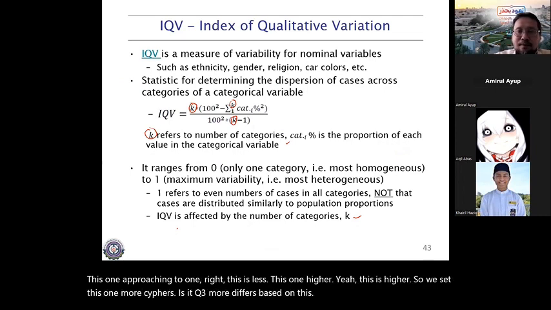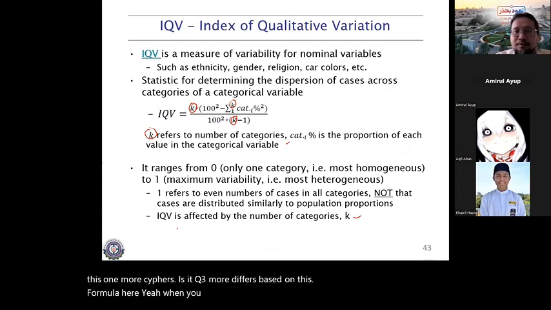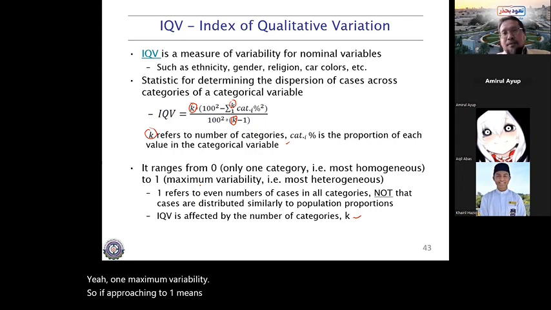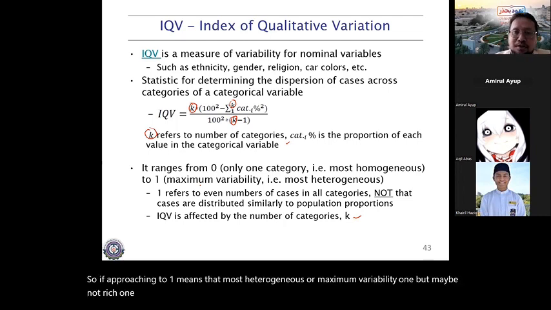When you say it ranges from 0, only one category, most homogeneous, to 1, maximum variability. If approaching 1 means most heterogeneous, or maximum variability, but maybe not reaching 1, less than 1, but approaching 1.